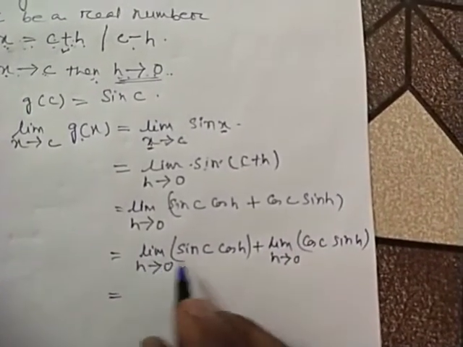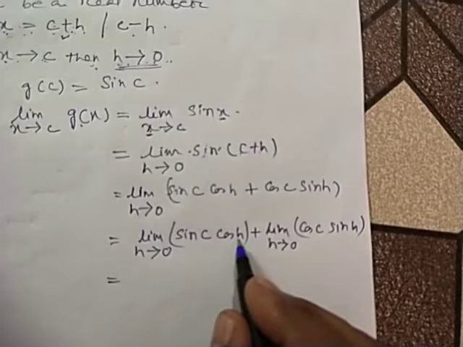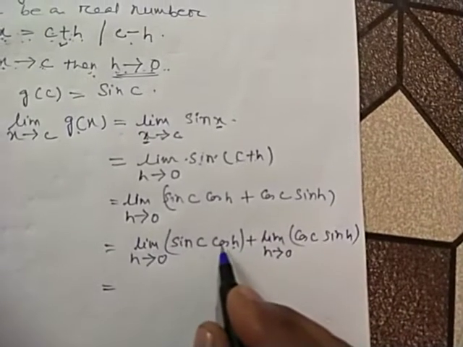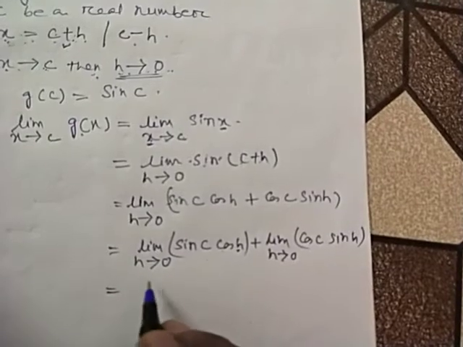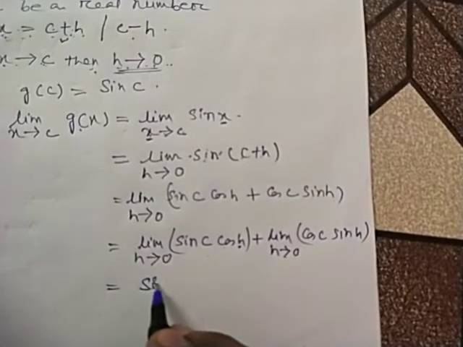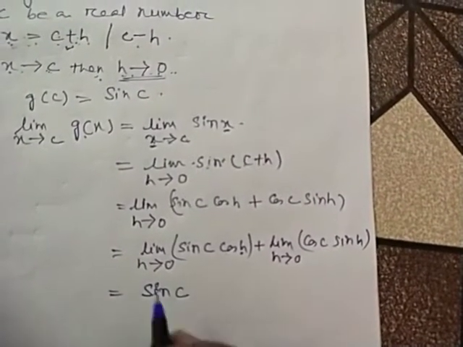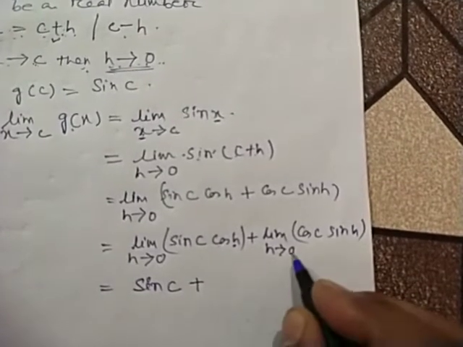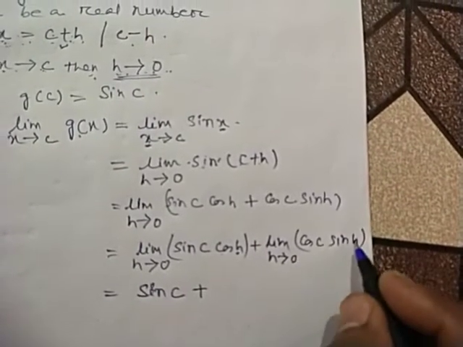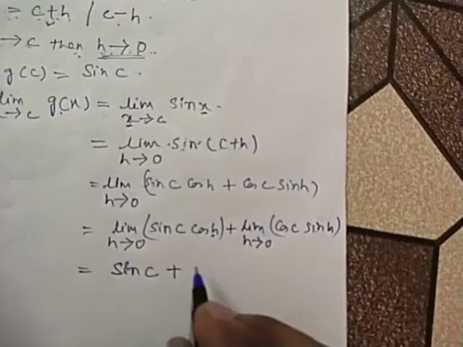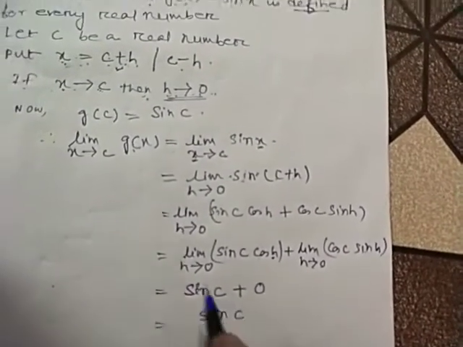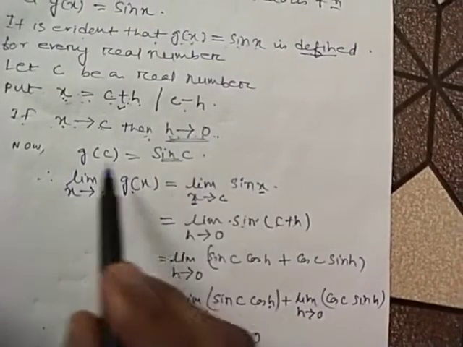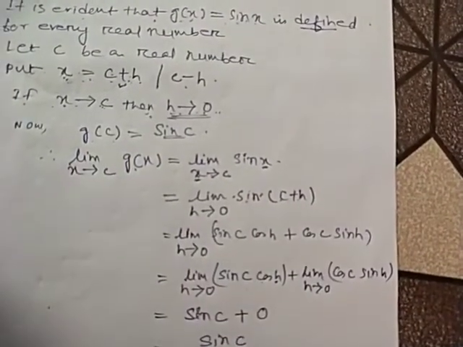Now put the limit. If h is 0, cos 0 is 1, and sin c is constant, so you get sin c. Plus, sin 0 is 0, so you get 0. So this equals sin c, which is equal to g(c).